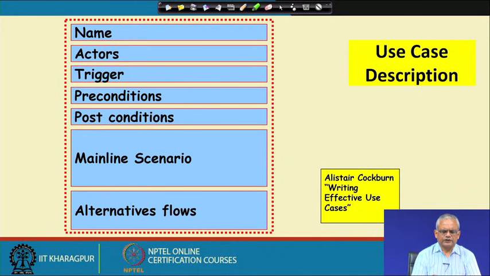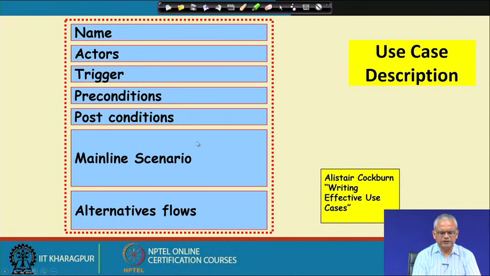Here we need to write the name of the use case, who are the actors of the use case, these are also present in the graphical model. We need to write what are the triggers, like what the different users, external systems need to do to invoke the use cases, the precondition and post condition, what should be satisfied before a use case can be executed, and what must hold true after a use case has completed.